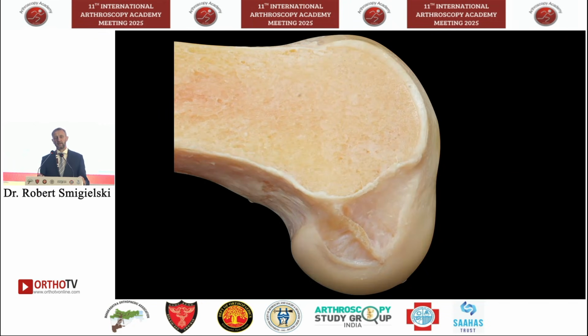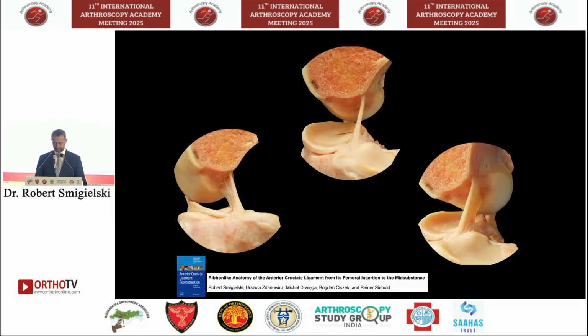When we cut the ACL close to the femur, you can see that we find this shape. These are the so-called direct fibers of the ACL. Of course, the whole attachment area is like that, but the rest of it here is 10-15% of the fibers, and the majority are the fibers here.